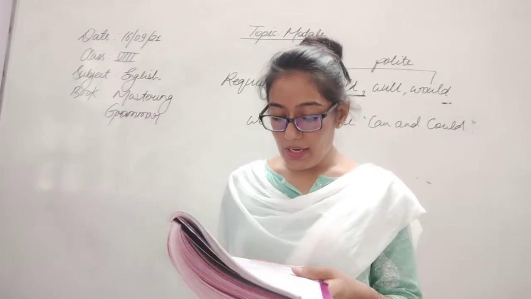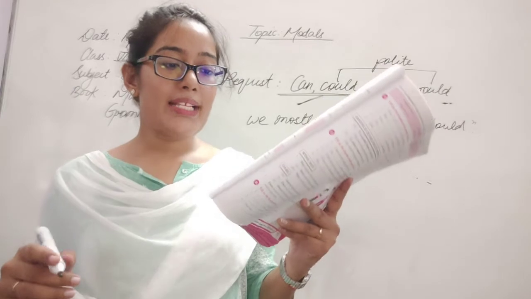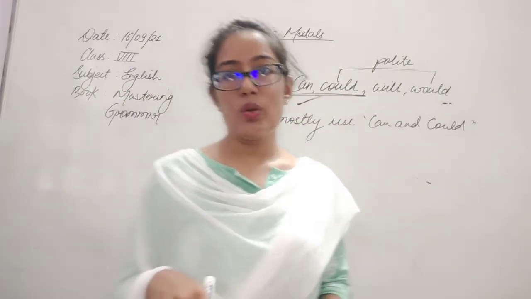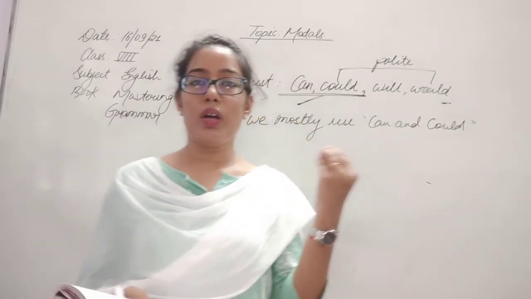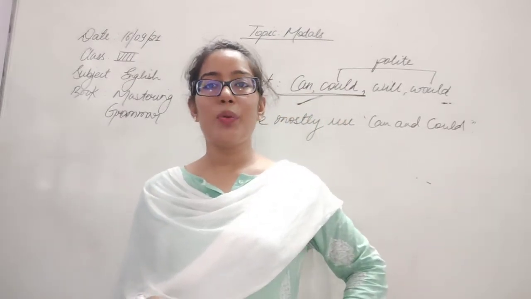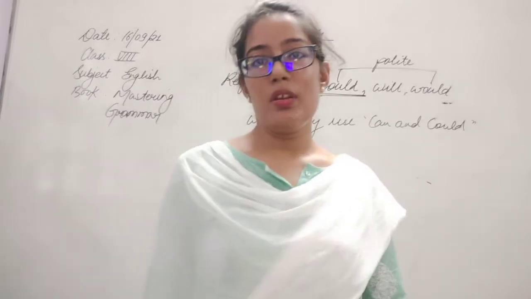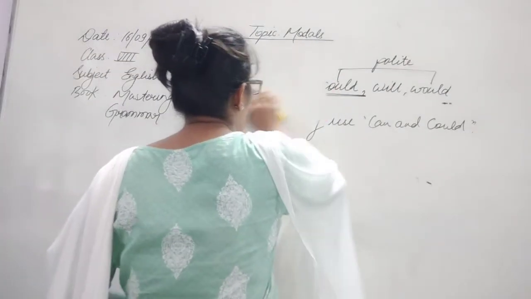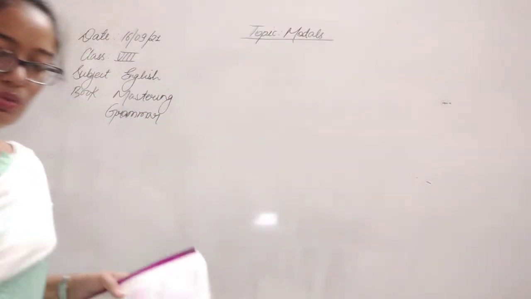So you would say, uncle, could you play the music low as I am preparing for my science test? Okay. So you are asking in a very polite manner that can you turn down your music as I am preparing for my science test. Now, prohibitions. We have already told that for prohibitions we are using mustn't and ought not to.